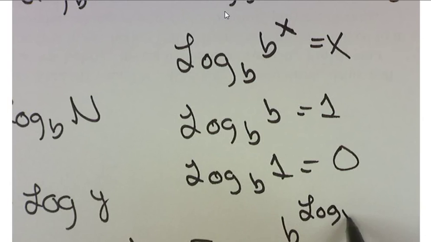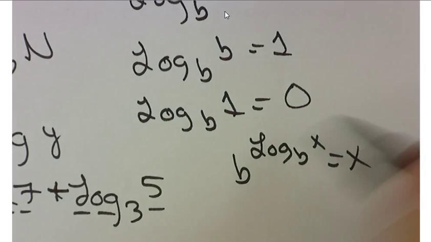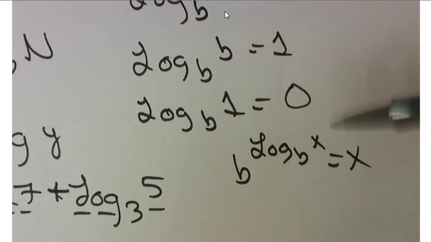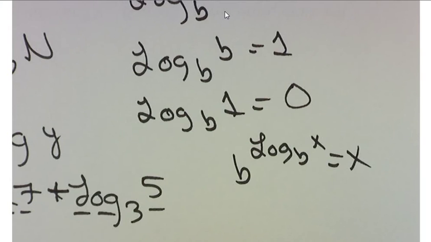So b to the log base b of x is also x. Again, these cancel each other out. So a few extra rules here. You want to memorize them? It's not bad. I don't like to make you memorize things just because, but it's helpful to have these things in mind. And with those in mind, let's finish up a few problems and then clear out of here.